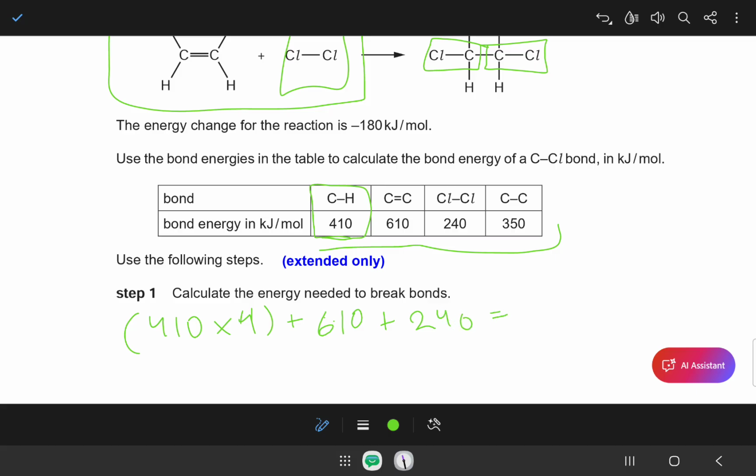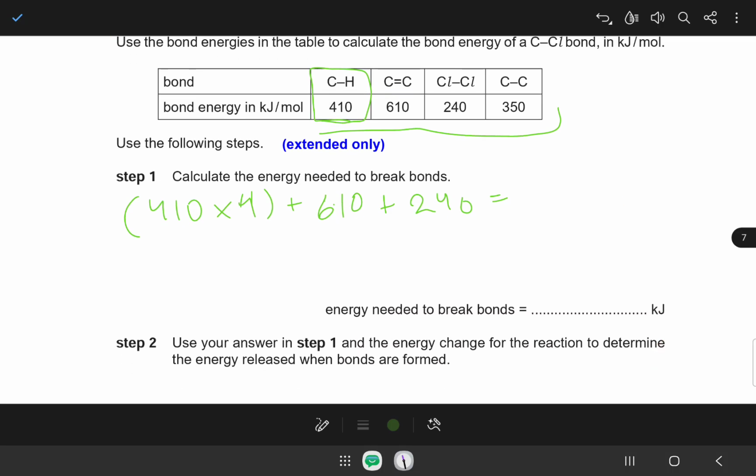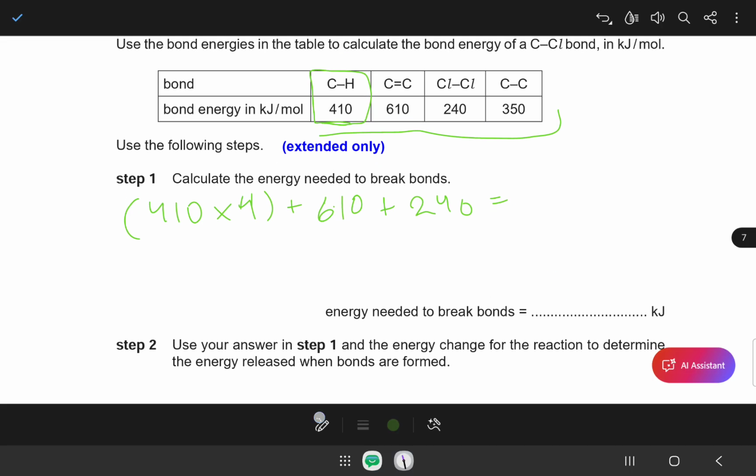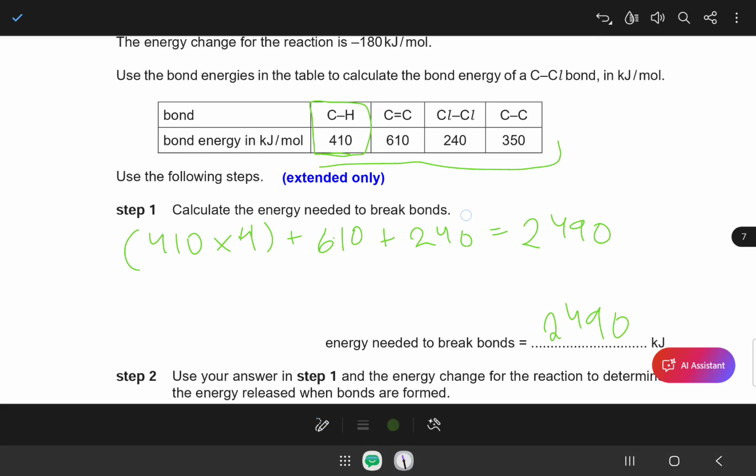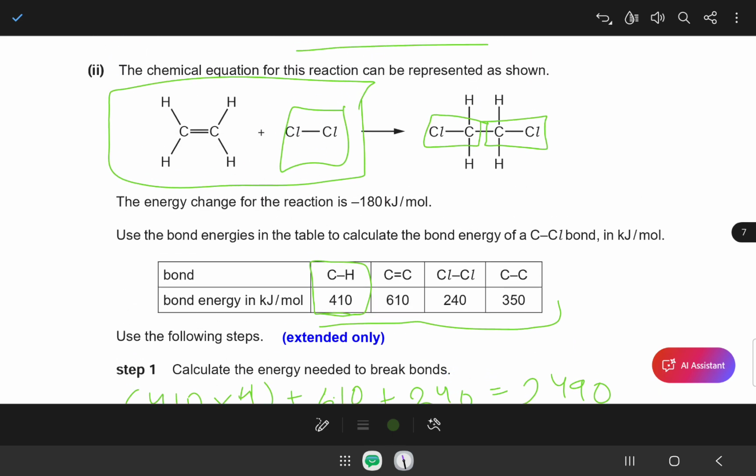They give us steps, which makes it easier for us. So let's just calculate this, which is 2490. This is the energy needed to break the reactants' bonds.